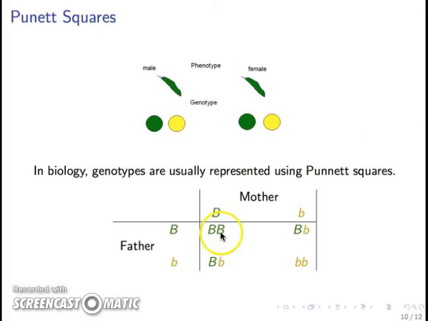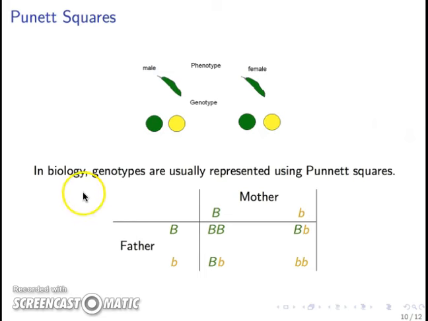So this contribution, uppercase B, with this would give you this genotype, right? While this dominant with this non-dominant gives you this other genotype, and so on, right? So you could translate a tree into one of these tables, or one of these tables into a tree.